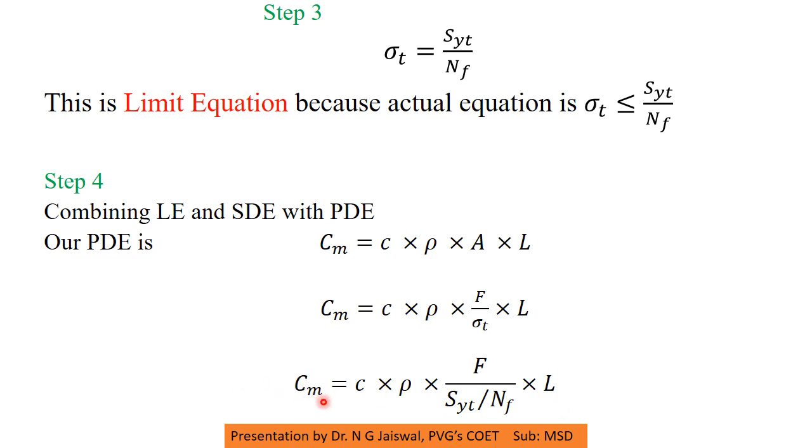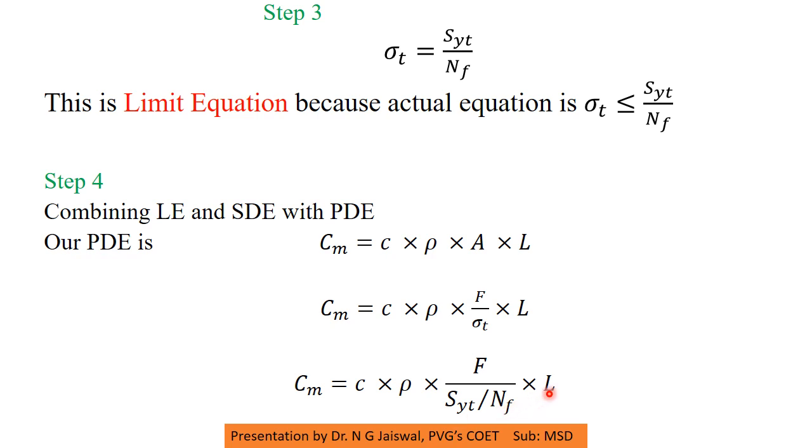To facilitate our solution, we'll group these parameters. We'll make two groups: one group which is dependent on material, and the other group which is constant for this numerical. C is dependent on material, rho is dependent on material, F is constant for this numerical, syt is dependent on material, factor of safety is given.